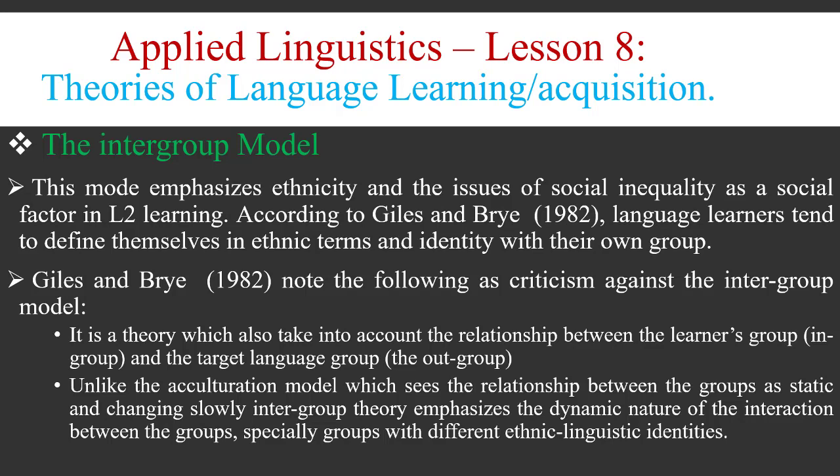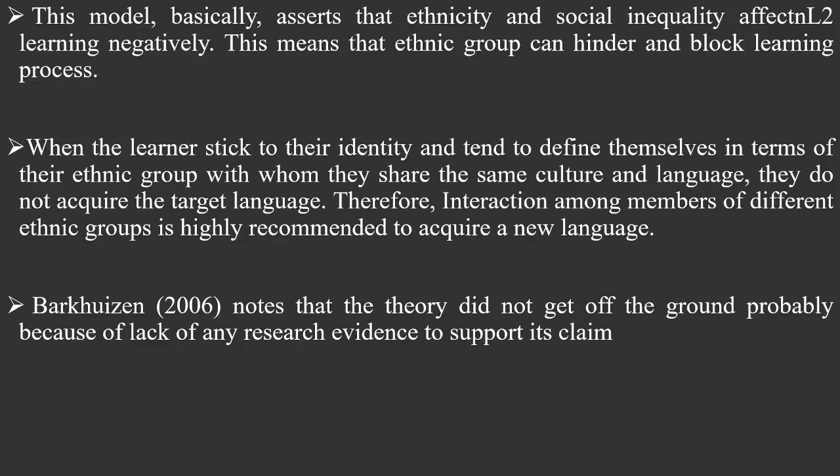Unlike the acculturation model, which sees the relationship between groups as static and changing slowly, intergroup theory emphasizes the dynamic nature of the interaction between the groups. So the interaction between groups should be dynamic, okay, and not static, especially groups with different ethnic linguistic identities.